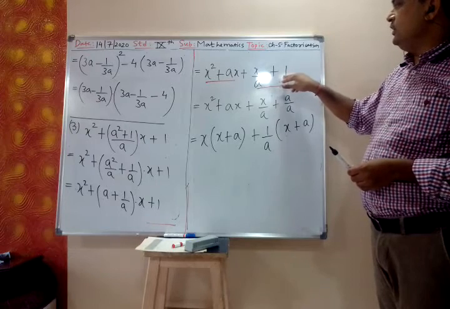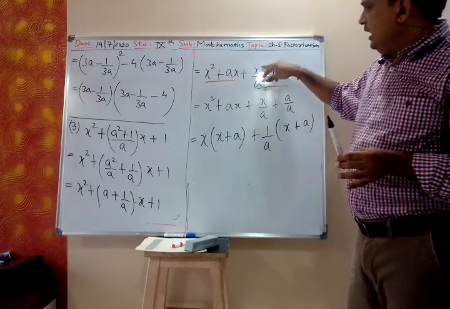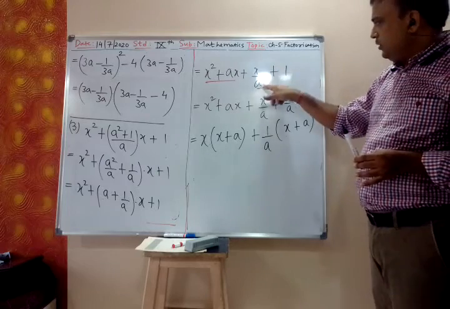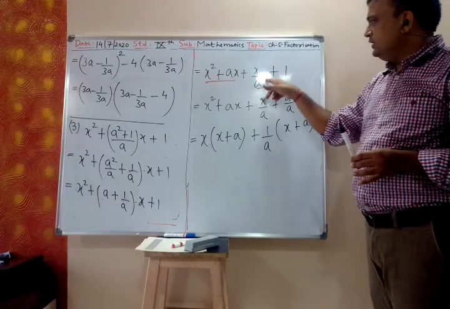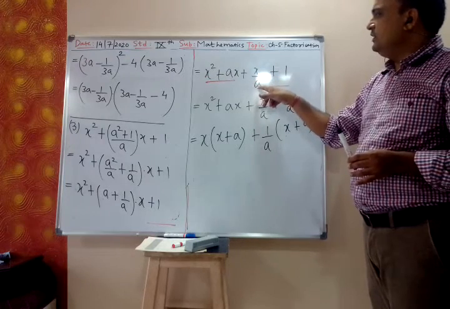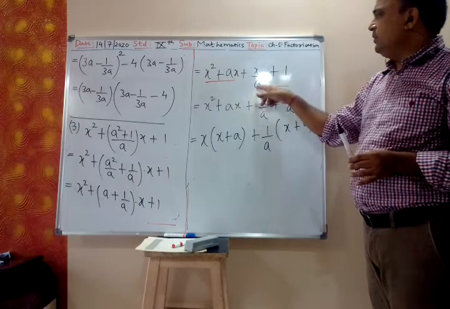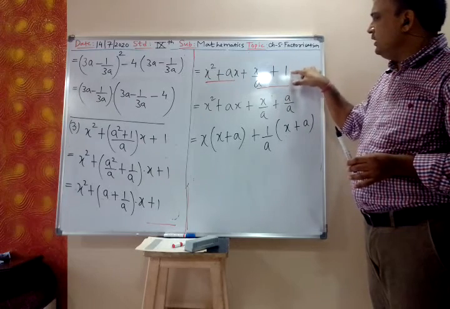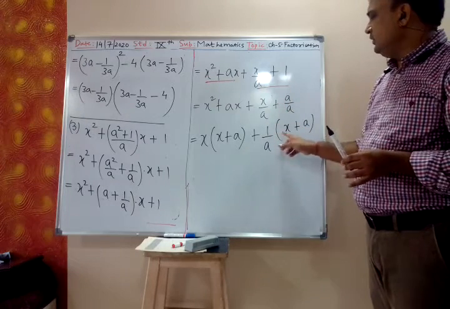So when I simplify these two, I will take the LCM of a and 1, which is a. So multiply and divide by a. I will write 1 as 1a upon a. Then I will take 1 upon a common.